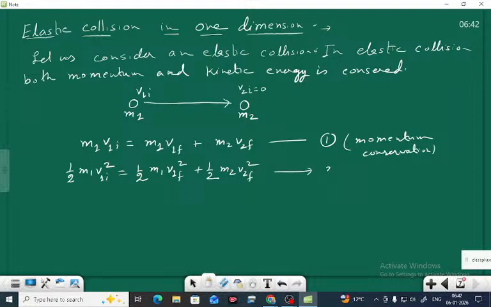This is equation 2. Kinetic energy is conserved.